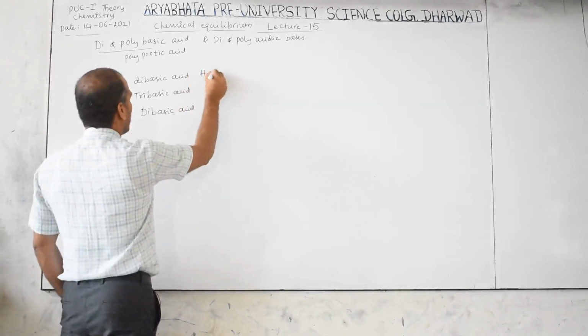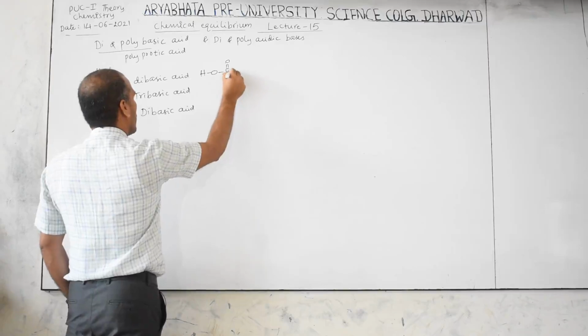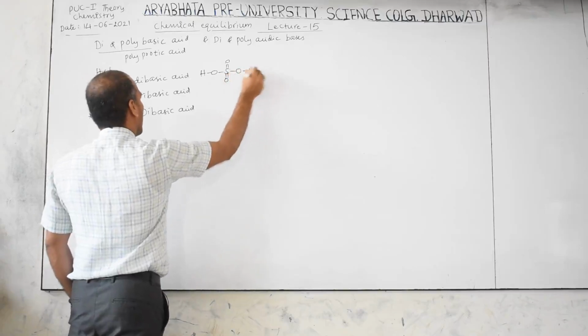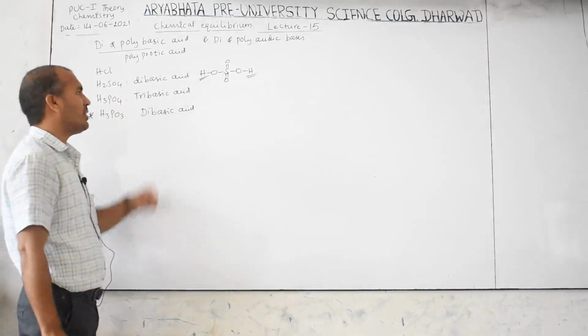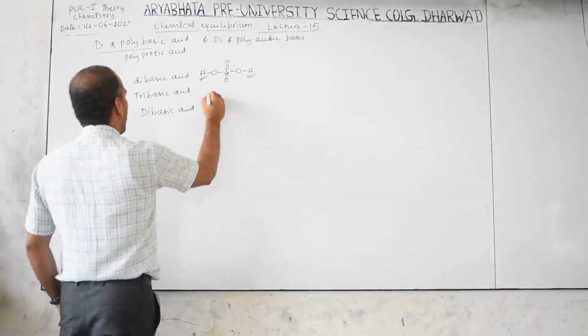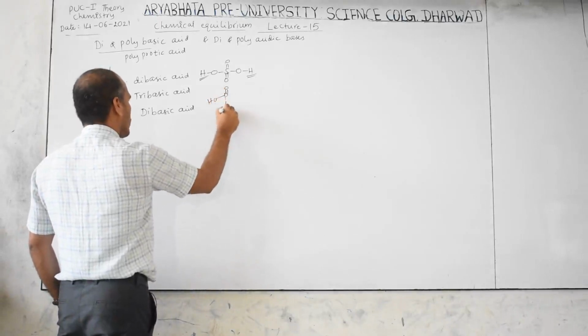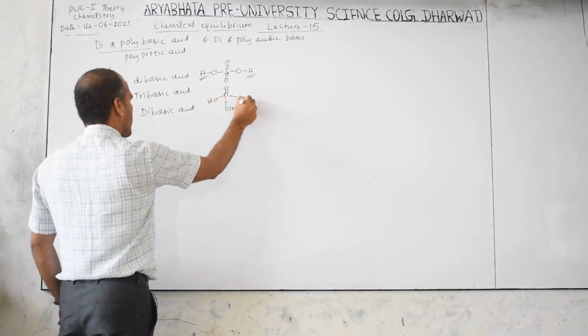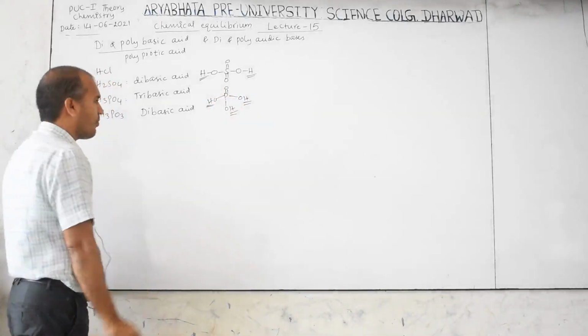This is HO-S double bond O, double bond O, OH. These underlined hydrogens are replaceable, therefore it is a dibasic acid. And next, P double bond O, OH, OH, OH. These underlined hydrogens are replaceable.